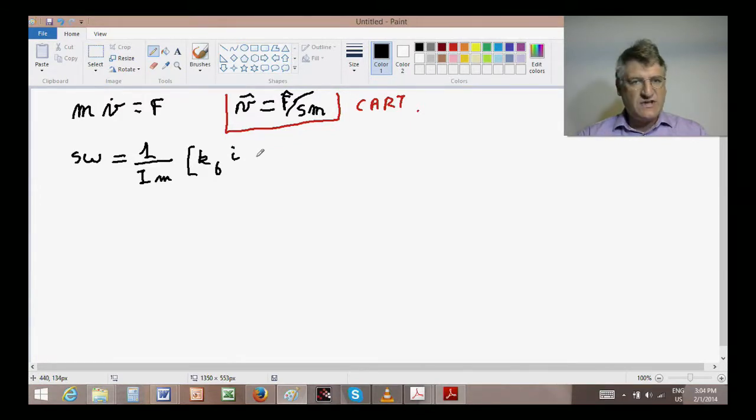Feel free to add them if you want to do so. Minus Q, which is the torque applied to the motor, or that the motor applies to the system, which is the cart.